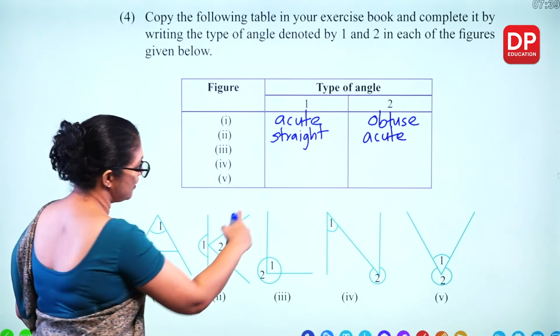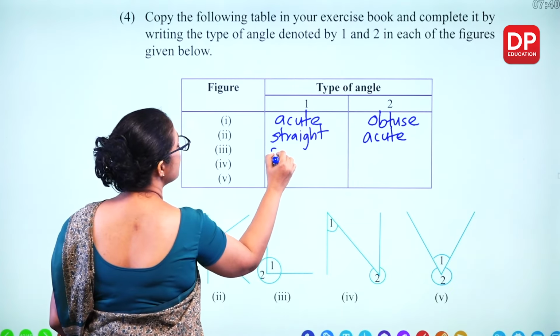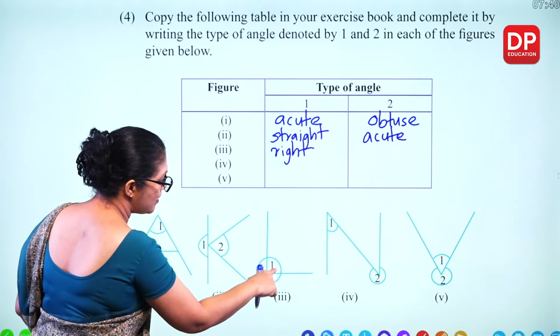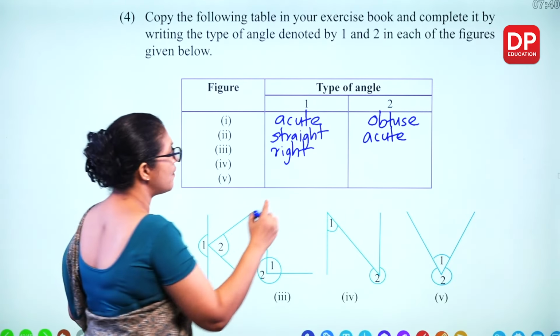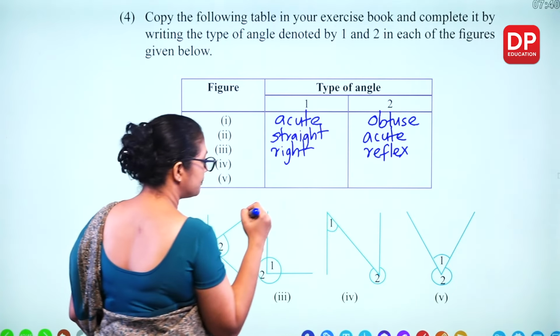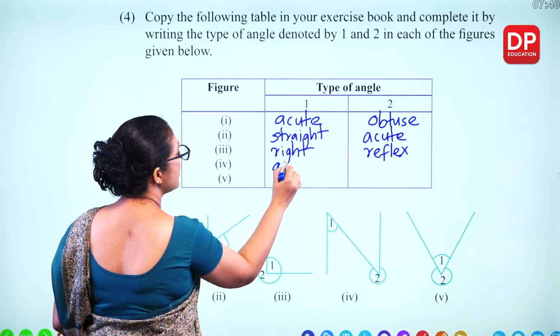Third one, this is a vertical and horizontal line, 1 is a right angle. 2 is more than two right angles, that's a reflex angle. This one is less than a right angle, that's acute.